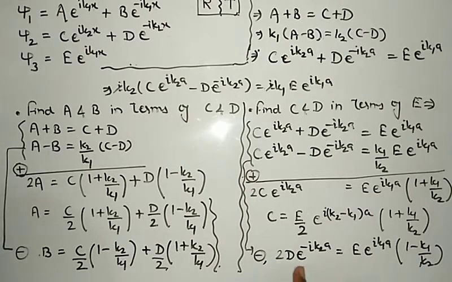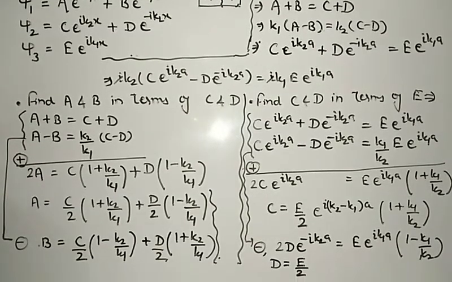So what is d now? d is equal to e by 2, shifting this exponential term to the denominator, then shifting to the numerator. What we get? e to the power i (k1 plus k2) a, 1 minus k1 upon k2.